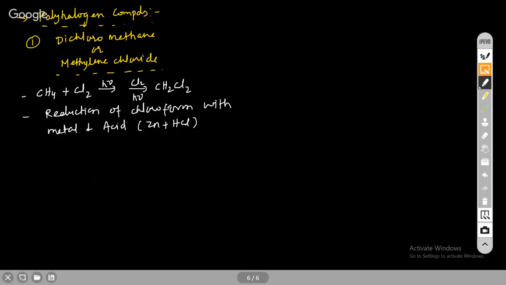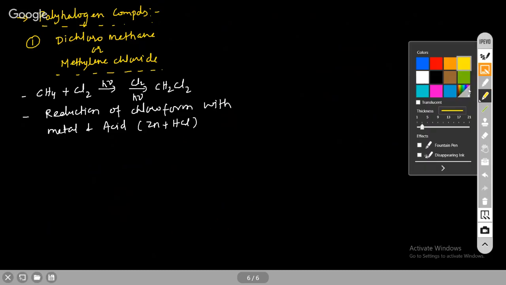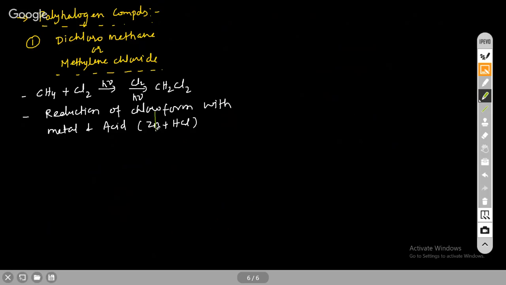The formula of chloroform is CHCl3. So when you reduce CHCl3 with Zn and HCl, it forms CH2Cl2 plus HCl.